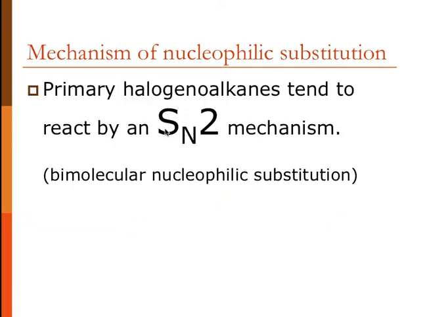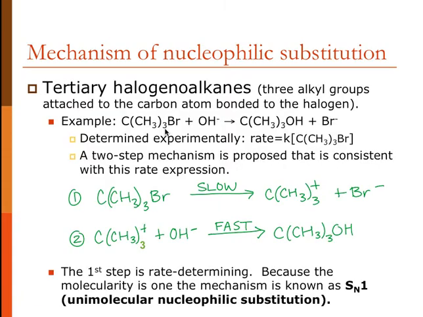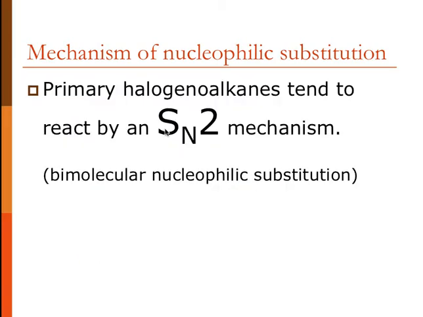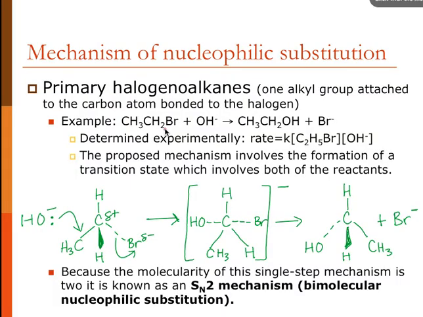If we look at this equation, I have my halogenoalkane and my nucleophile, in this case hydroxide ion, substituting the hydroxide ion for this bromine. I end up with the alcohol and a bromide ion.